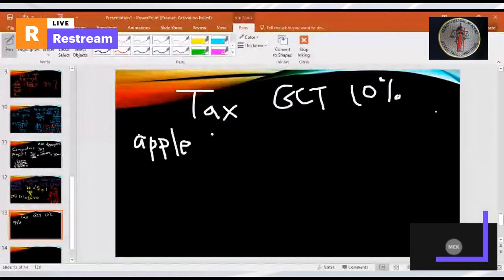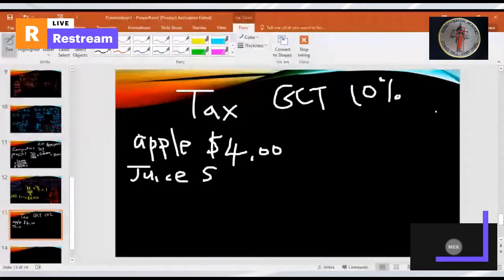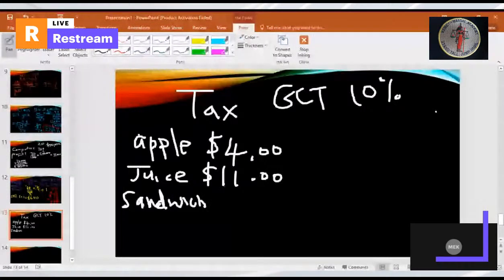And you're buying three things. So you're buying the apple, maybe you buy some juice, and the juice is $11. And let's say you buy a sandwich, and the cost of the sandwich is $8.